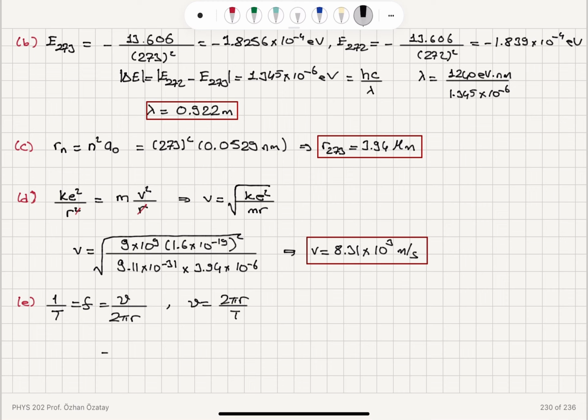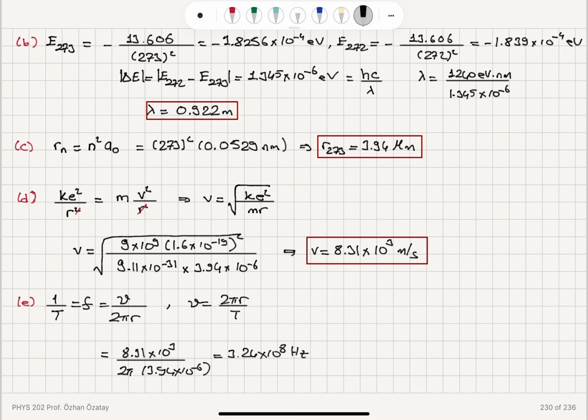So if you substitute the speed that we have found in part D, 8.31 times 10^3 meters per second, divided by 2 pi times the radius, 3.94 times 10^-6 meters, this gives us 3.24 times 10^8 hertz.